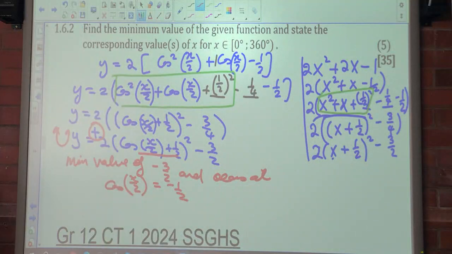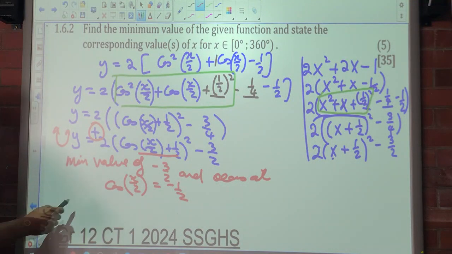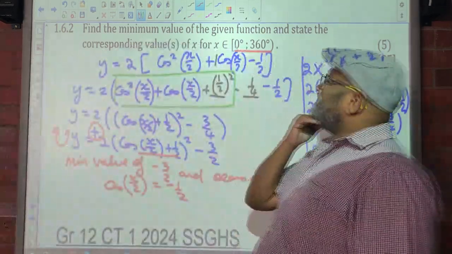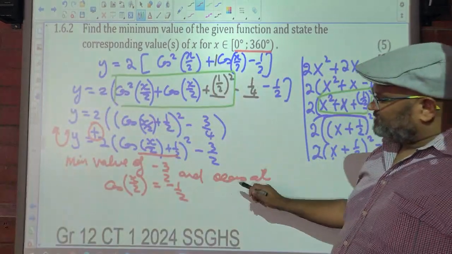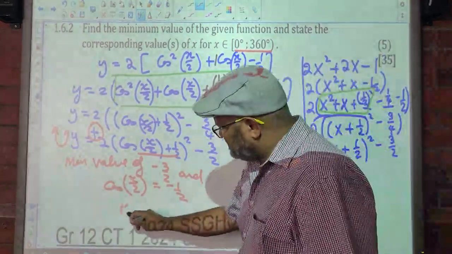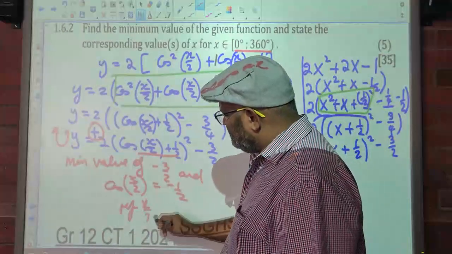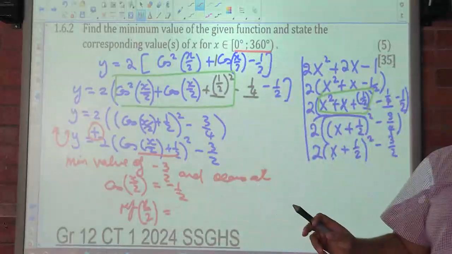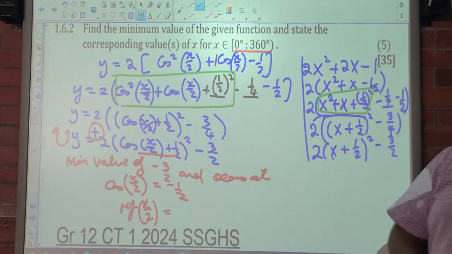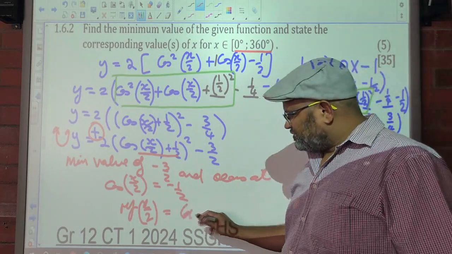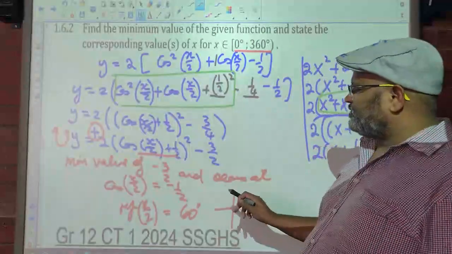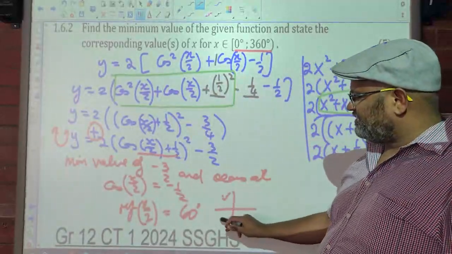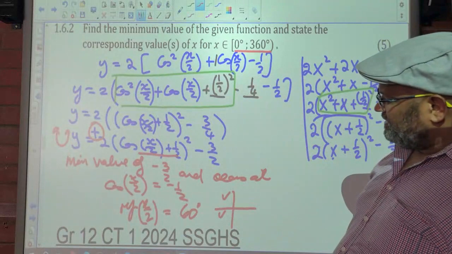So we need to calculate the value for which x satisfies this condition, also considering it's within that given domain. So my reference angle: x over 2 equals inverse cos of a half, which is 60 degrees. So the question that should come to mind, which quadrant is cos negative? Quadrants 2 and 3.